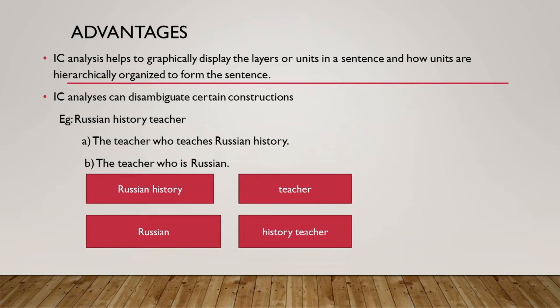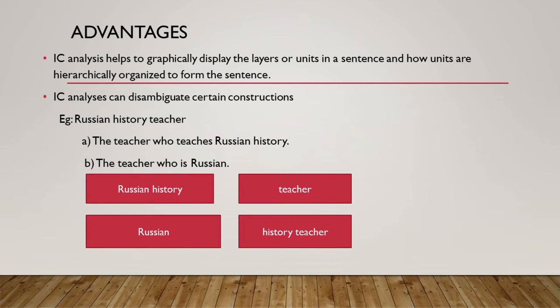Let us take this Russian history teacher once again. Now, if you're going to give a cut after history, it becomes the teacher who teaches Russian history. Now, if you're going to give a cut after Russian, then it means the history teacher is a Russian.